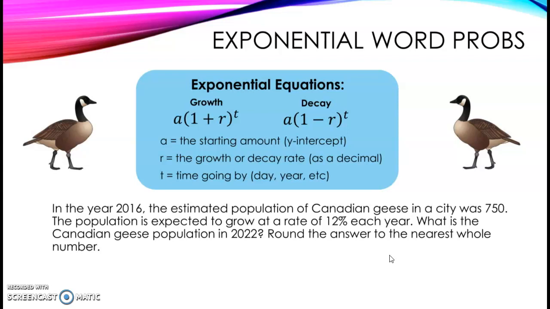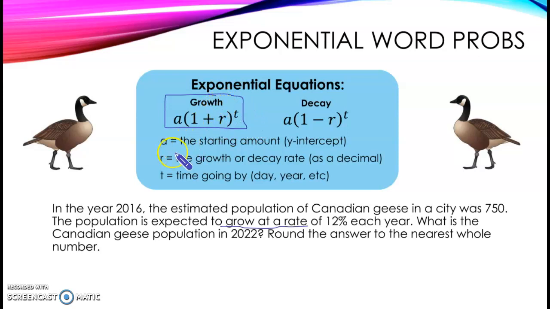What keywords in this problem tell us which one it should be? Well, sometimes population problems have situations where they're decreasing, but in this case, it says it's growing at a rate of 12%. So that means we're going to use the growth equation that has the plus sign in the middle.